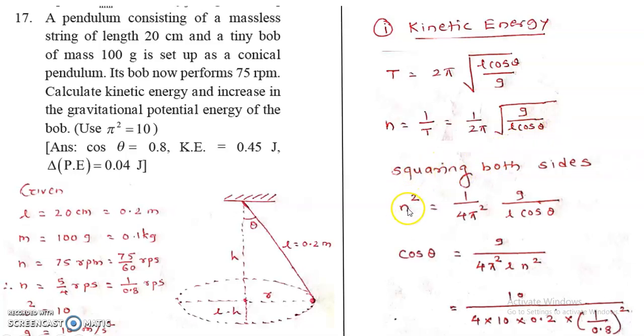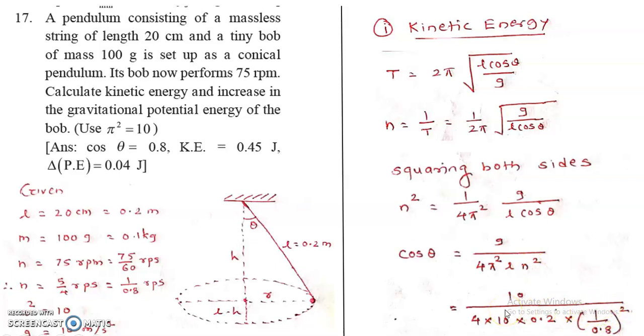Squaring both sides, we get n square is equal to 1 upon 4 pi square into g upon L cos theta. So cos theta is g upon 4 pi square L into n square. Now g we substitute 10, pi square as 10, L is 0.2 and frequency is 1 upon 0.8, so 1 upon 0.8 square here.